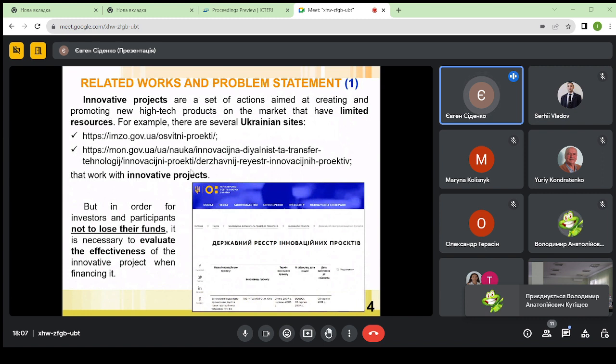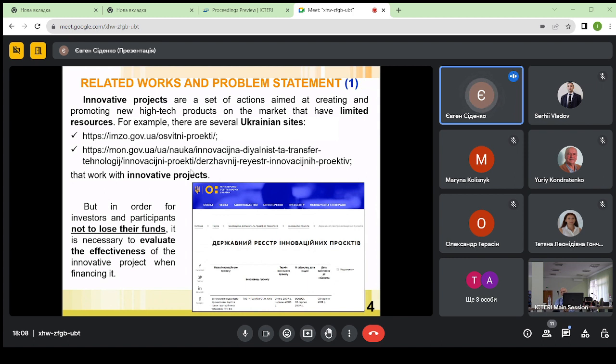Innovative projects are a set of actions aimed at creating and promoting new high-tech products on the market that have limited resources. On the slide, you can see, for example, several Ukrainian government sites where we can register our own high-tech products as innovative products and so on.